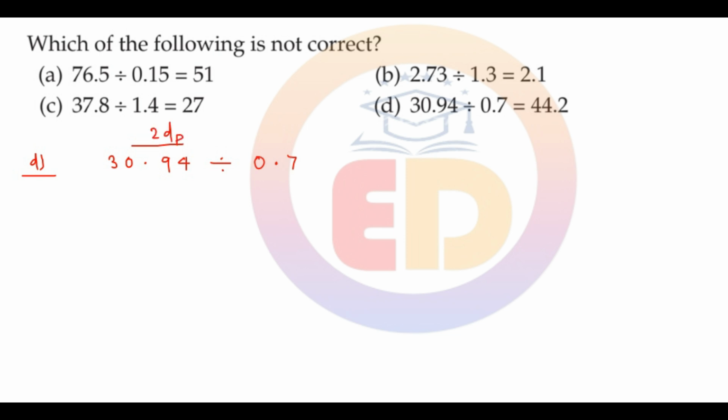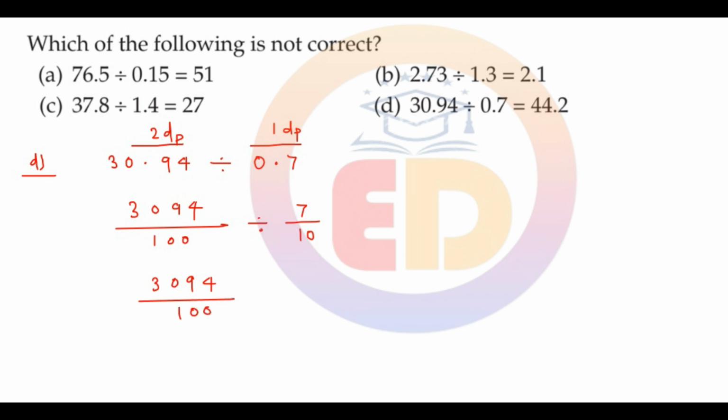Removing the decimal point, it will become 3094 upon 100 divided by 0.7, which has one decimal place. It will become 7 upon 10. 3094 upon 100. Convert the division to multiplication and the fraction 7 by 10 will become 10 upon 7.